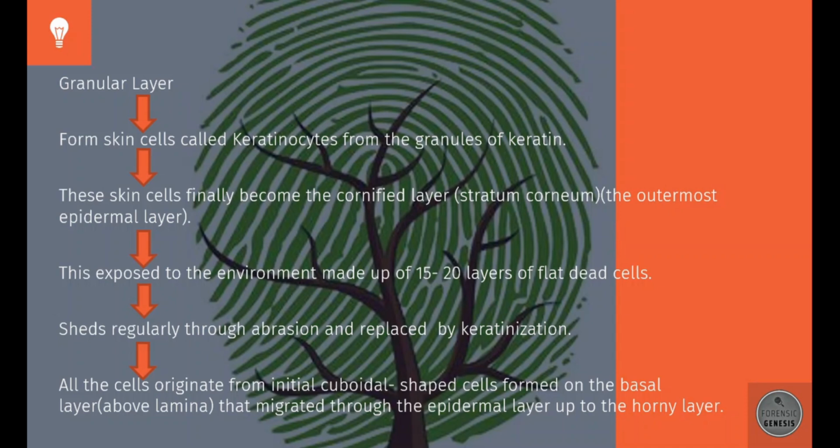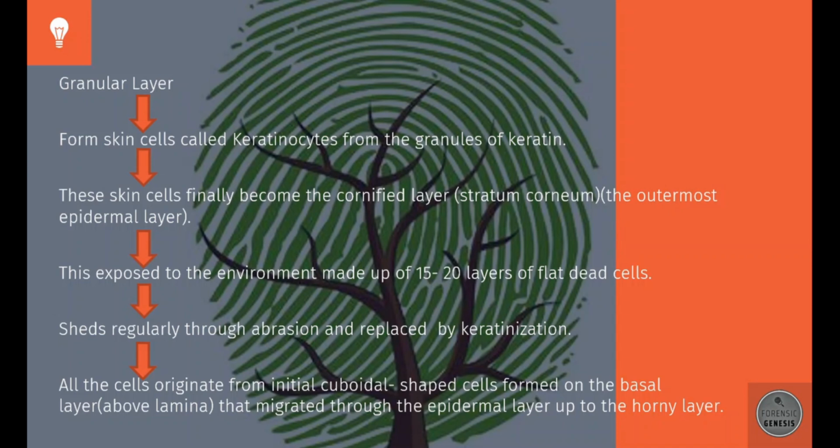This layer, exposed to the environment, is made up of 15 to 20 layers of flat dead cells, which shed regularly through abrasion or are replaced by keratinization. As you have noticed on your hand, your skin peels normally in so many scenarios. So that is the abrasion or peeling of skin, the first outer layer of the skin.